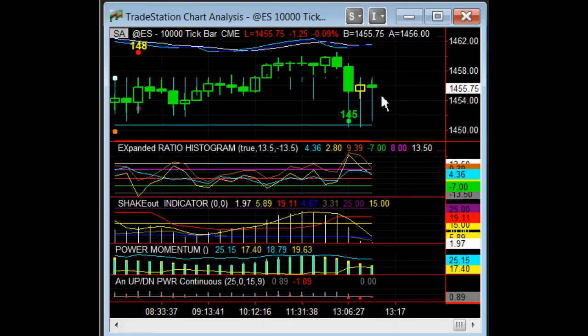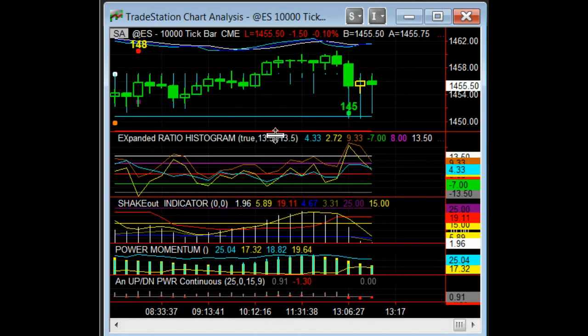And you can't always do that when you're looking at stocks, because stocks are not going to give you the same liquidity. Sometimes you'll go to a tick chart for a stock, and then the indicators will snap off. So some of those you're going to have to test with regard to whether you can use ticks or not.